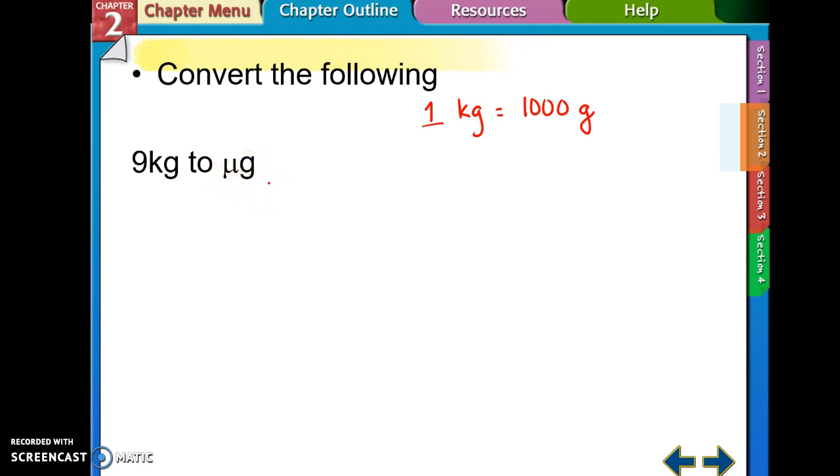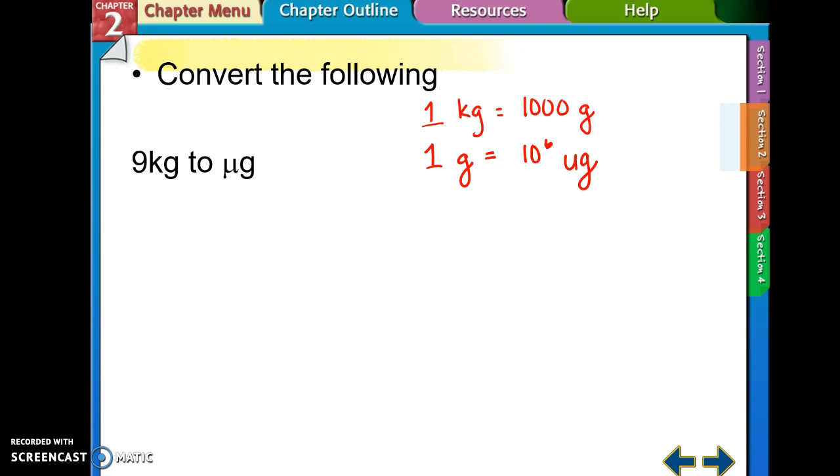Micro, that prefix, is smaller than the base unit. So I know that I have 1 gram for every 10 to the 6th micrograms. I get that from my conversion chart. So use your conversion chart. I write that down so I have that information.